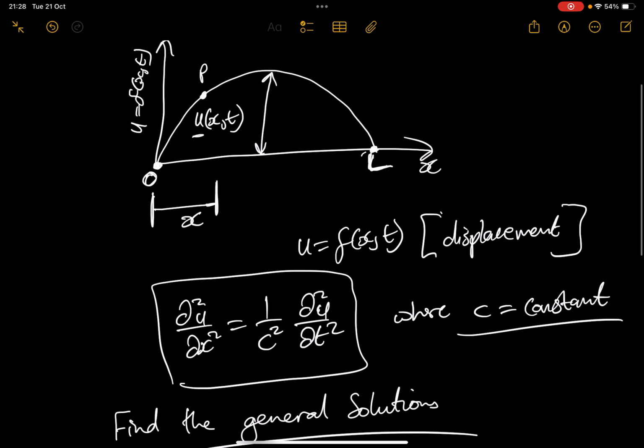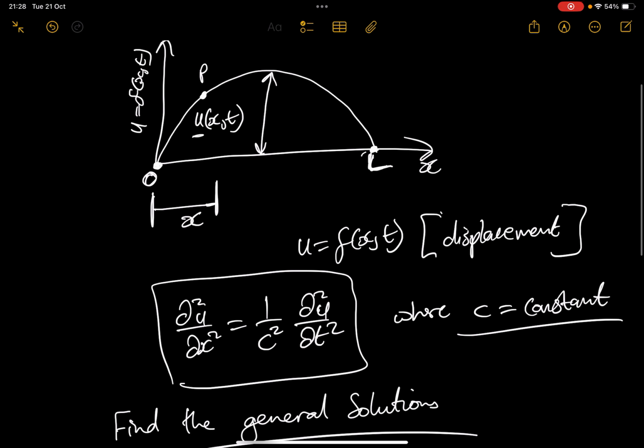In order for you to be able to separate these two terms, you need to equate this entire equation to mu. So what is mu? Mu is a constant. Why is it a constant? Because mu is independent of x and t.